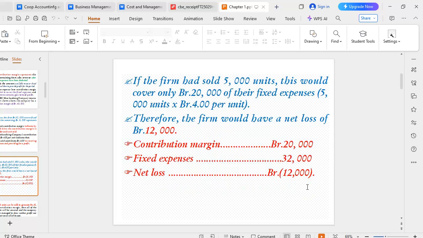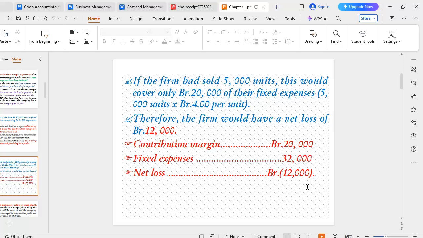If the firm had sold 5,000 units, this would cover only 20,000 of their fixed expense. That means 5,000 times 4 per unit is 20,000. It only covers 20,000.